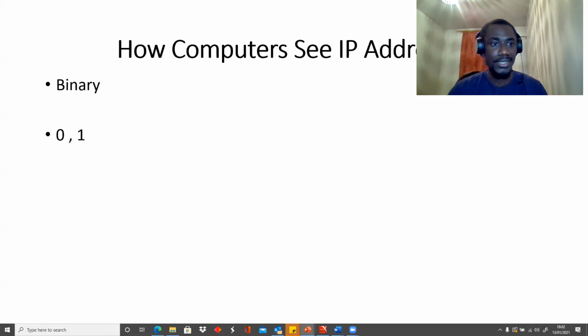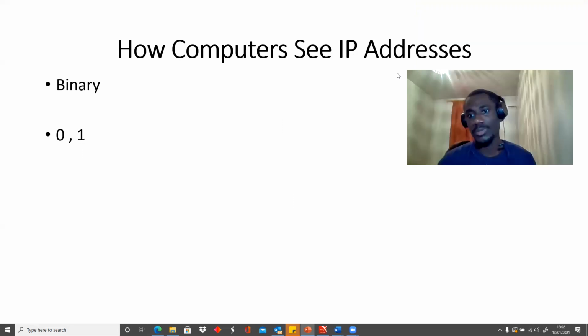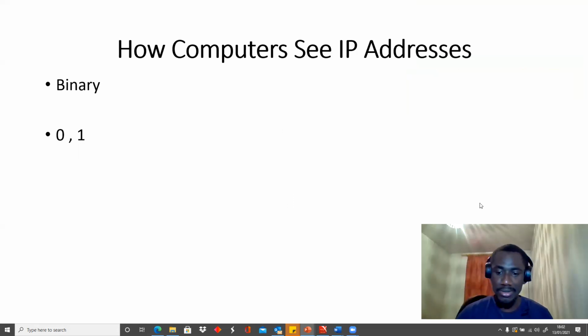Now, in this session, what we're going to discuss is how computers see IP addresses. What do we mean by how computers see IP addresses? IP addresses in the normal sense have numbers from 0 to 255.